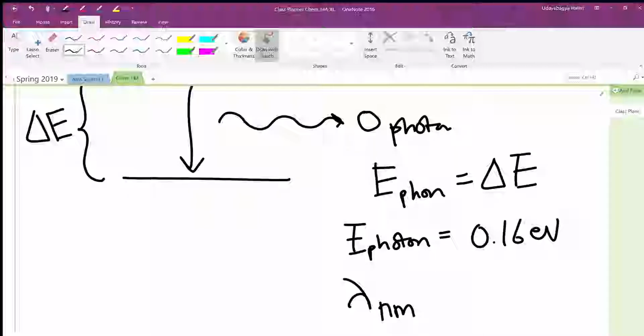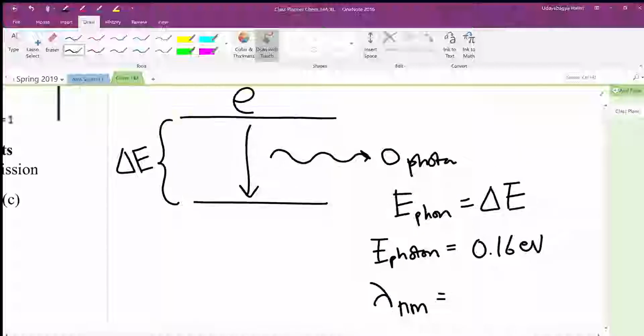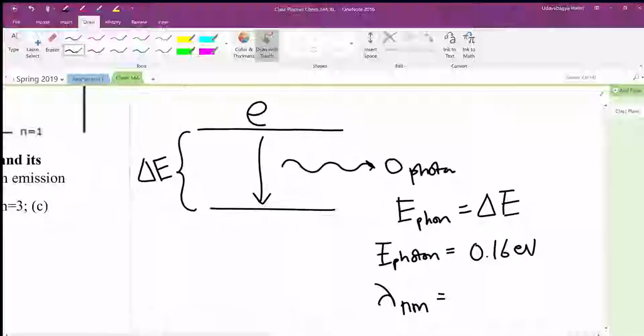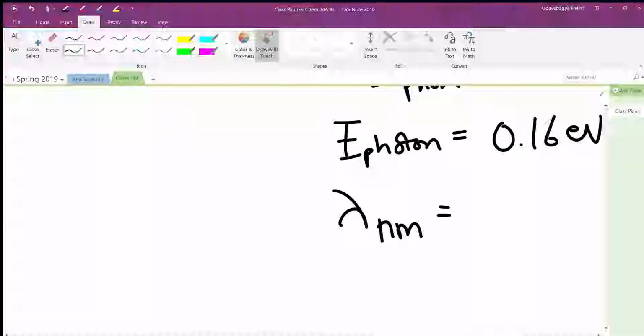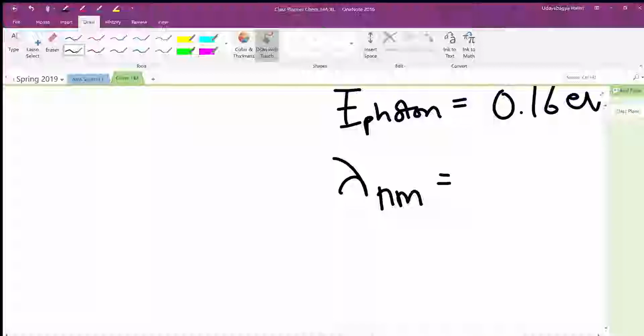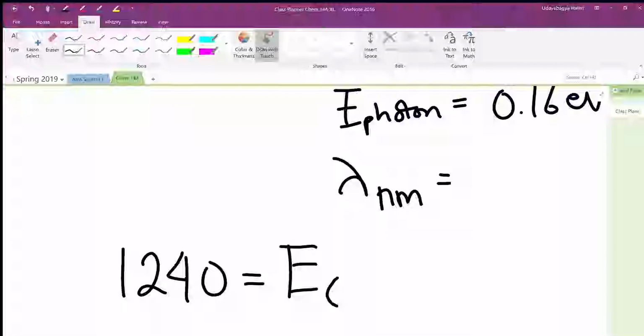And for convenience, I also asked you what is the wavelength of this particular photon in nanometers. If you look back to the previous pages, you'll find a unit conversion on the equation sheet from the beginning, that 1240 is equal to the energy in electron volts times the wavelength in nanometers. So it's just a really convenient unit conversion factor. So rather than going from electron volt to joule to nanometer, we can simply use this particular value.